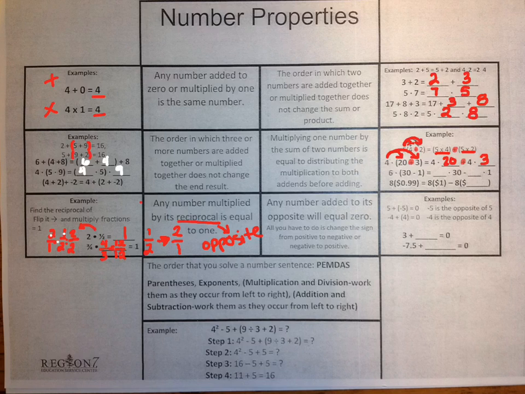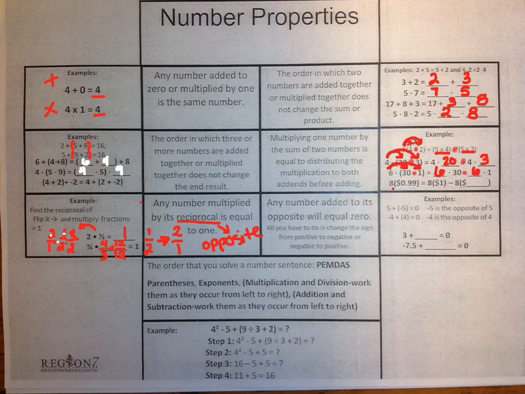Okay. 6 times 30 minus, it's not always plus, 6 times 1. And that last example is really, really cool. So for those of us who maybe don't really like multiplication that much with decimals, you can actually work backwards.